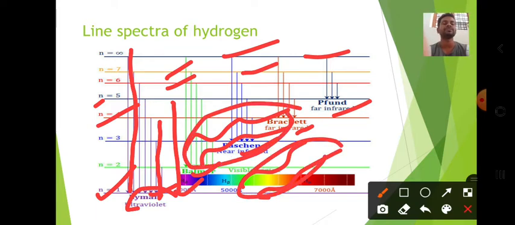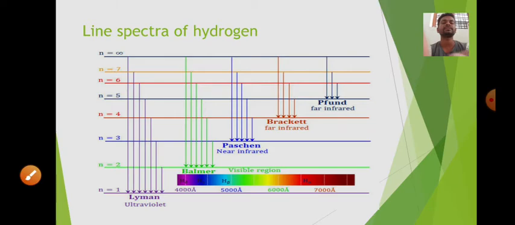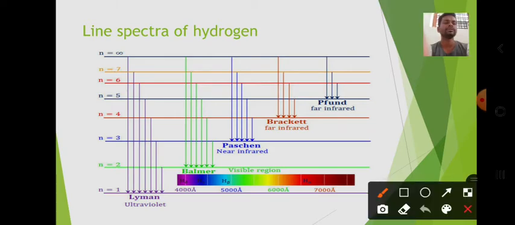So these wavelengths form a spectrum. That is the line spectrum of hydrogen, because it forms only because of hydrogen. That is why it is called the line spectra of hydrogen atom.